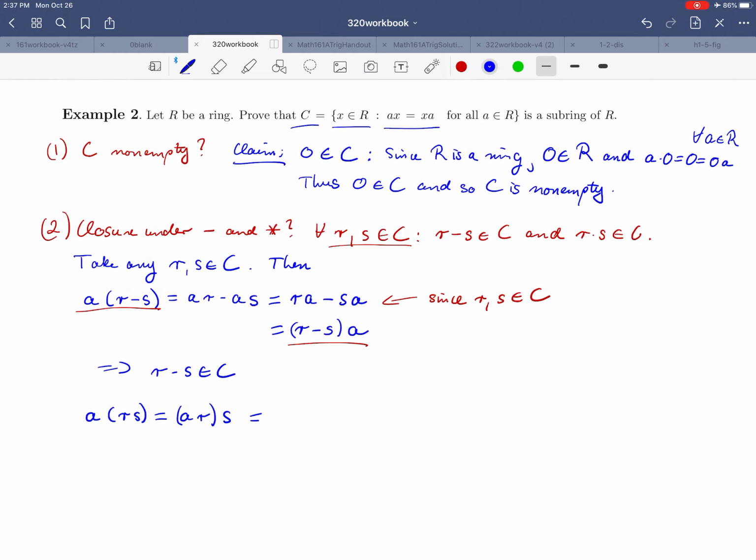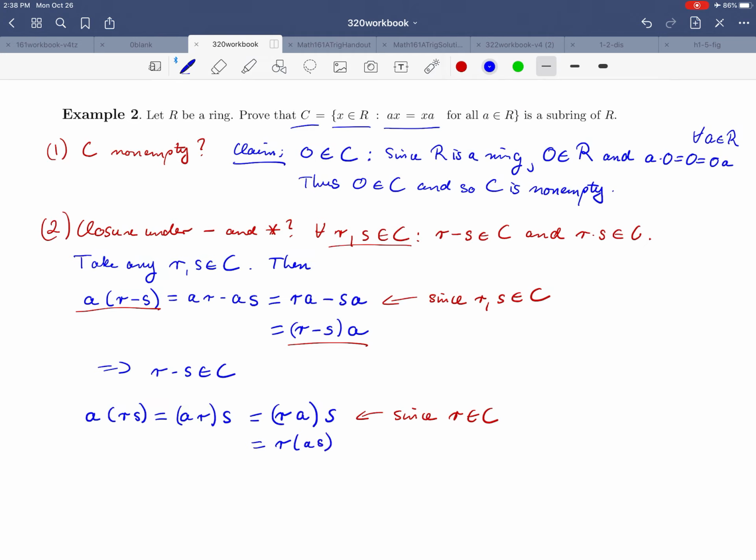But R is an element in C, and so R commutes with A. So I can flip R and A and then multiply by S. So that is true because R is an element in C. Okay, and now we're basically doing those two steps again.